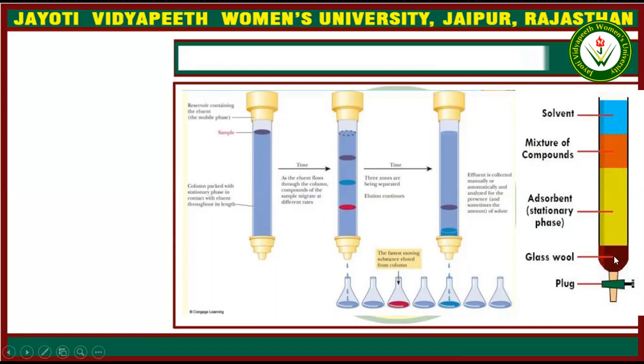On the upper part, we add some glass wool or cotton, and here we add the stationary phase, that is silica gel, and above it we add our sample, and then we add our solvents, that is the mobile phase. Okay, so sequentially we add the mobile phase, and we separate the particles on the basis of color. Different kinds of color are seen.